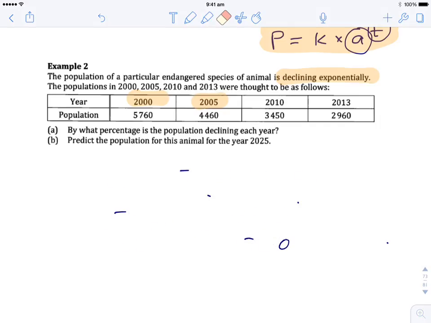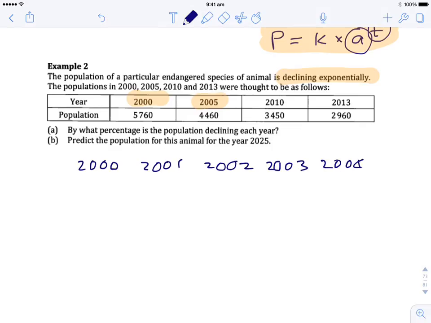We've gone from 2000 to 2005. So let's think about how we do this. Here's 2000, 2001, 2002, 2003, 2004, 2005. Alright, cool. So I reckon that we're starting with 5,760 here.